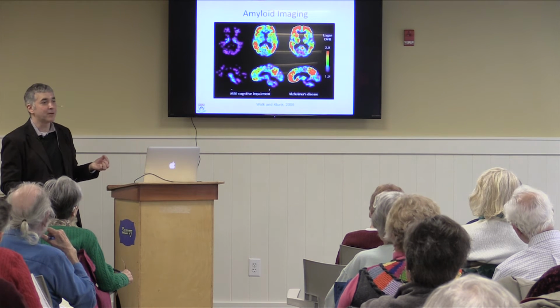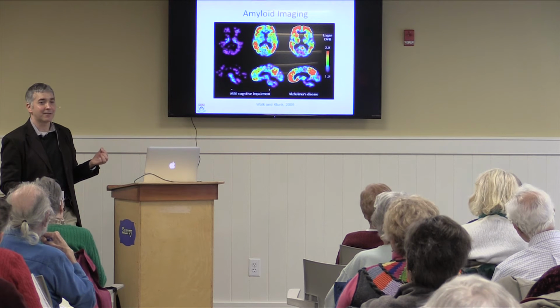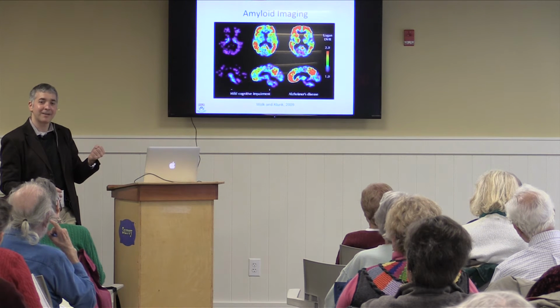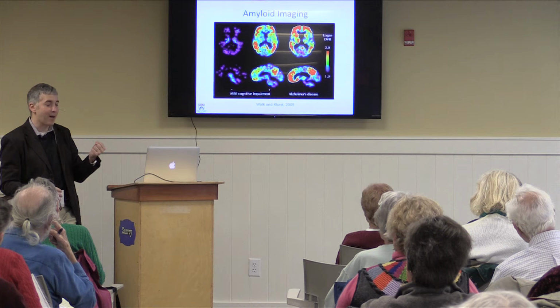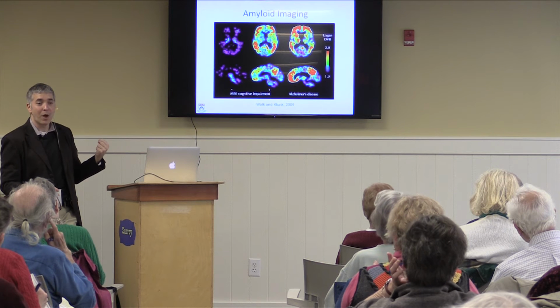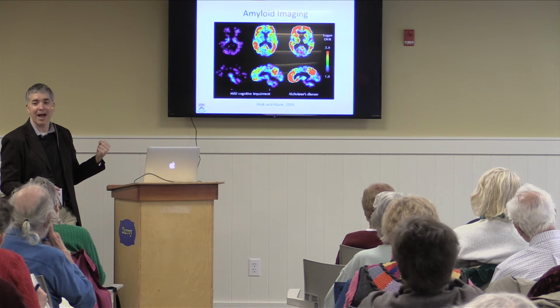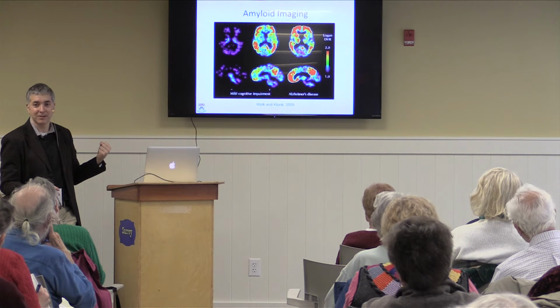Basically it involves a little bit of radioactive material, and that radioactive material is tied to a molecule that can then bind to some part of the brain. What's been developed is ways to get that radioactive material to bind to the amyloid plaques of Alzheimer's disease.